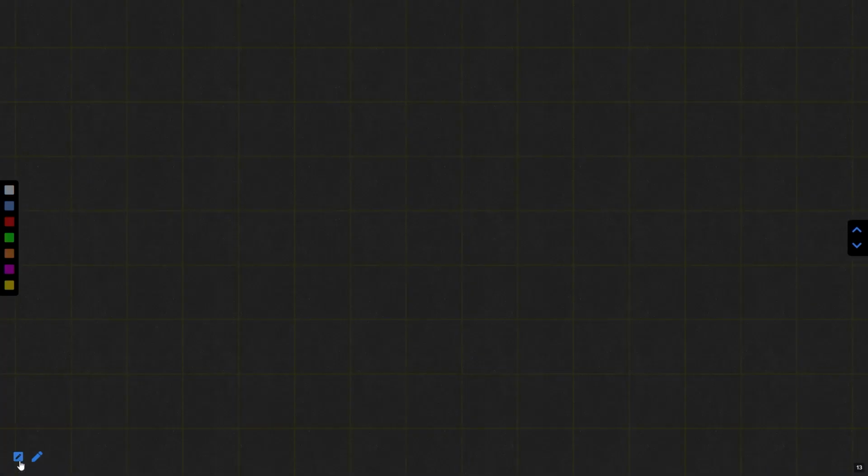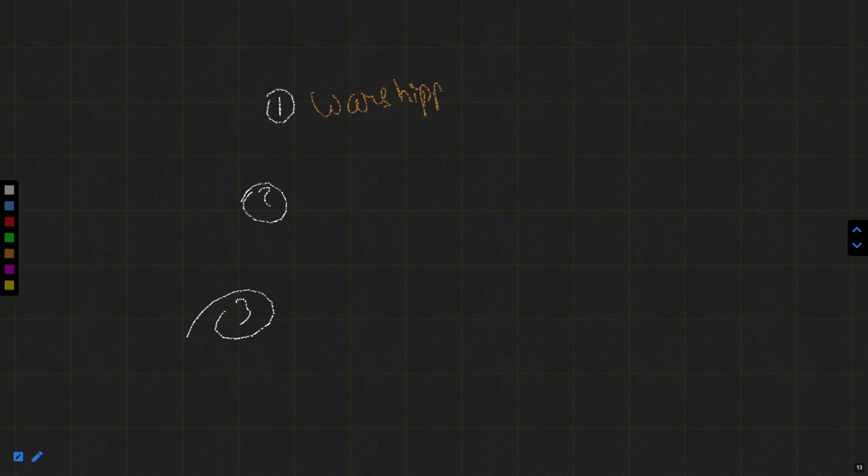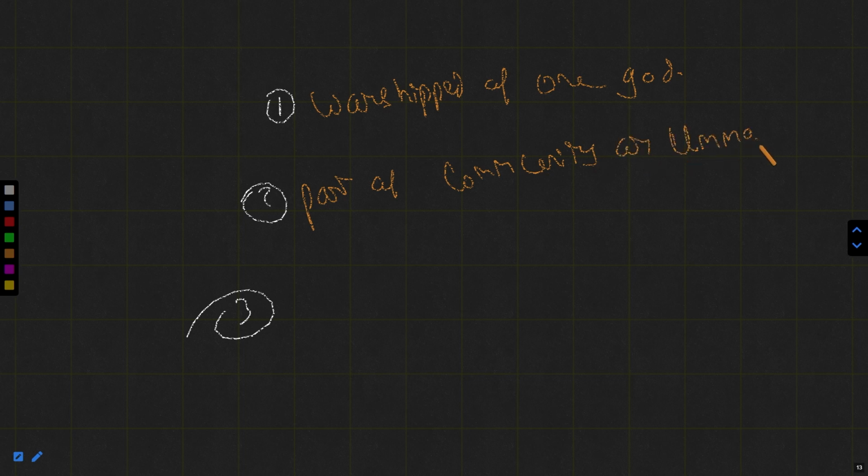Actually, what was the concept behind Islam? Three concepts basically. The first is the worship of one God only. Second is being part of a community, or ummah.